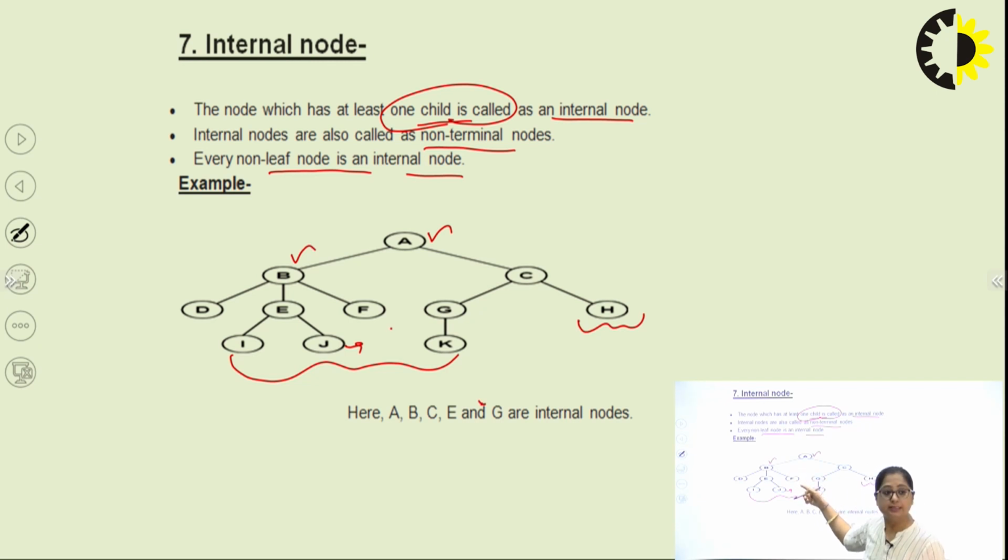F is a terminal node, so this is not an internal node. Here E is an internal node because it has two children. G is an internal node and C is an internal node. H, K, J, I, D and F are the terminal nodes. That's why they are not internal nodes. So for an internal node, the node must be non-terminal in nature.